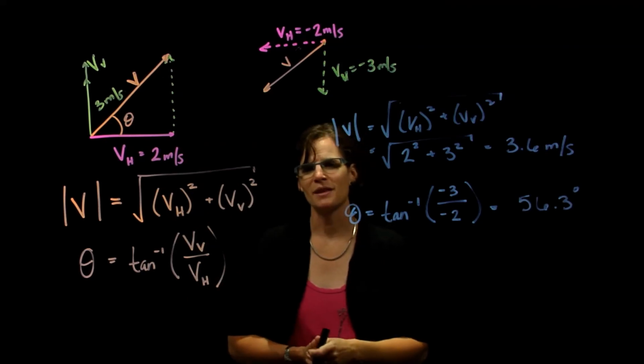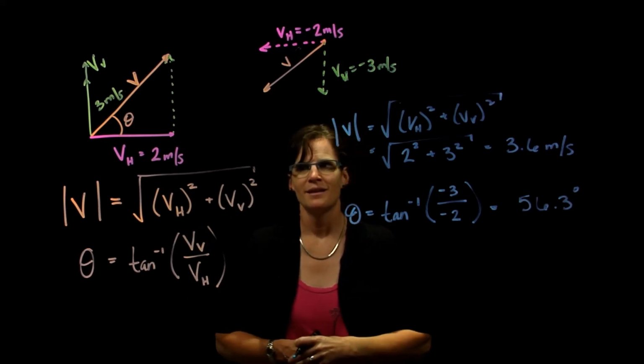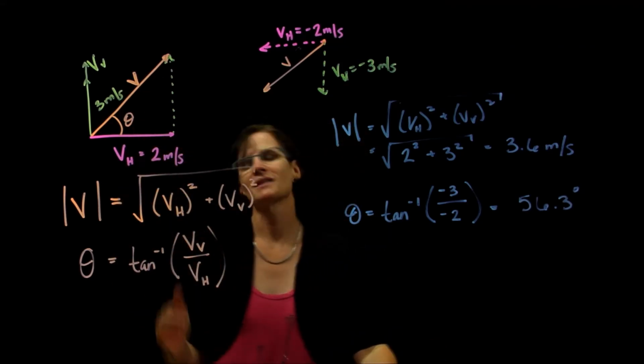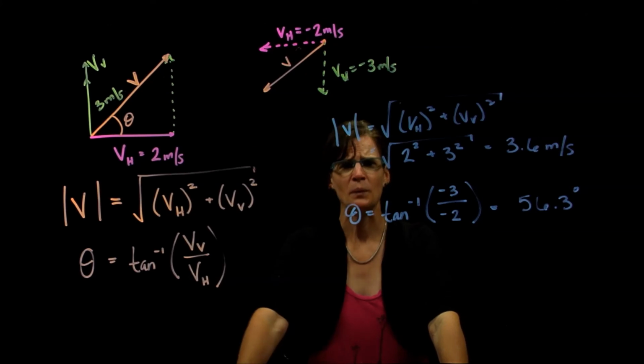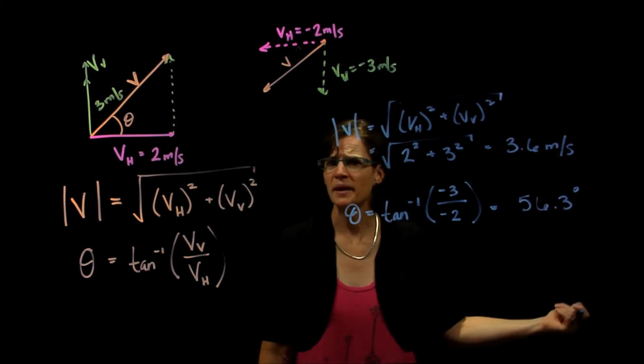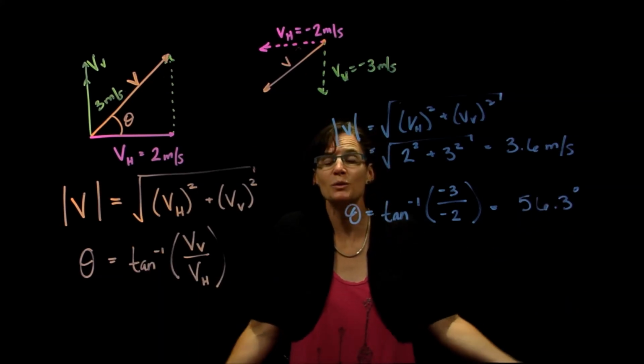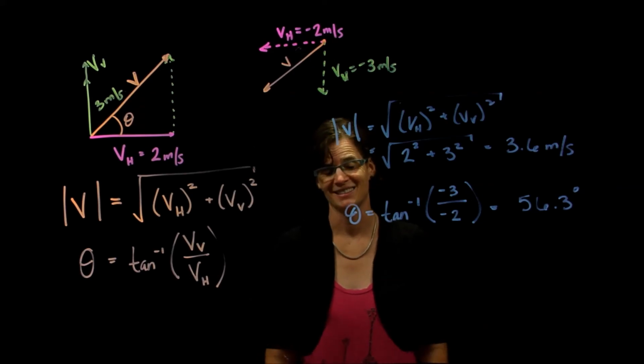And I had told you that that angle it comes out with is going to give us the angle that's sort of relative to that positive x-axis. But there's a problem. These angles aren't the same. One's going down and to the left and the other is going up and to the right. What is our true angle in this case?